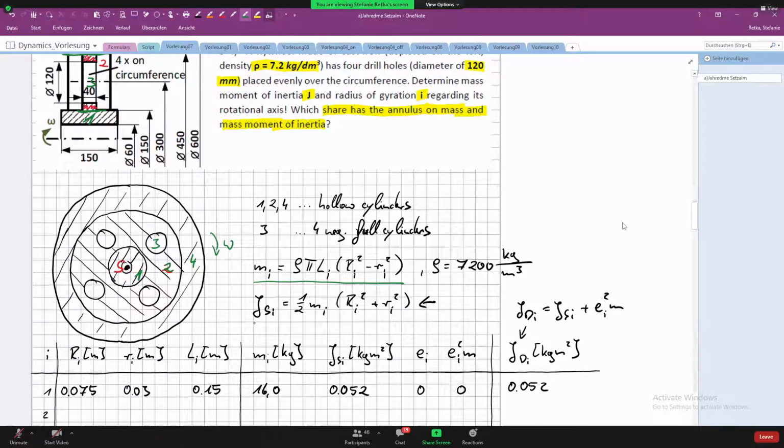And then the same for the mass moment of inertia. Instead of minus, it's a plus. And then 16 divided by 2.